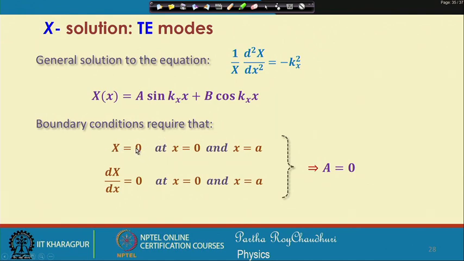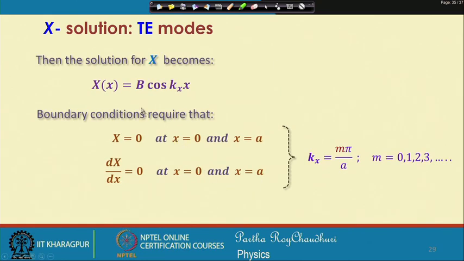If we impose the boundary condition at x equal to 0 and x equal to a, this field will vanish because of the metallic boundary, and the derivative of X will also become 0 at these 2 boundaries. If I use these conditions, then we can write A must be equal to 0, and using the second condition the solution becomes this.